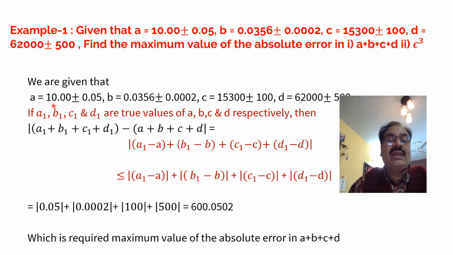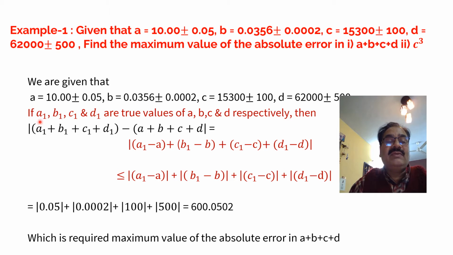We are given that a is equal to 10 plus minus 0.05, b is equal to 0.0356 plus minus 0.0002, and c and d respectively have the values written here. You know that absolute error means the difference between the true value and the approximate value. Here all the values have both parts, the value and plus minus. Plus minus means this may be the approximate value and this may be the true value.